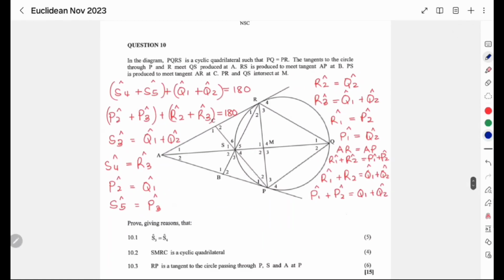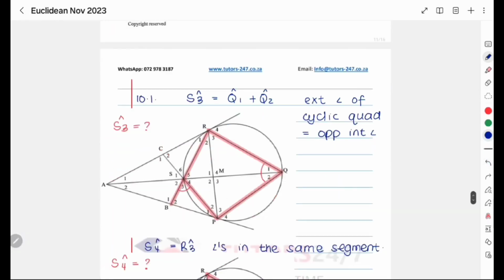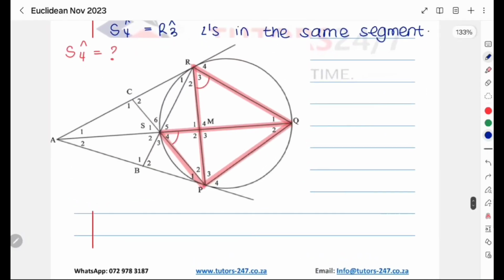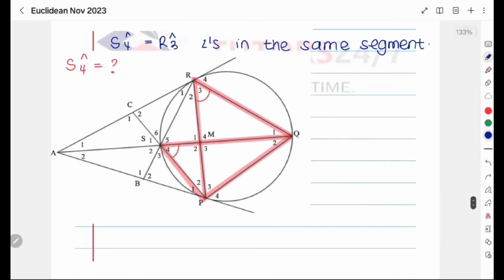It was over here. R3 is equal to Q1 and Q2, if you remember. The reason is because PQ is equal to PR. So let us state this quickly. We are going to state that PQ is equal to PR. The reason is given.